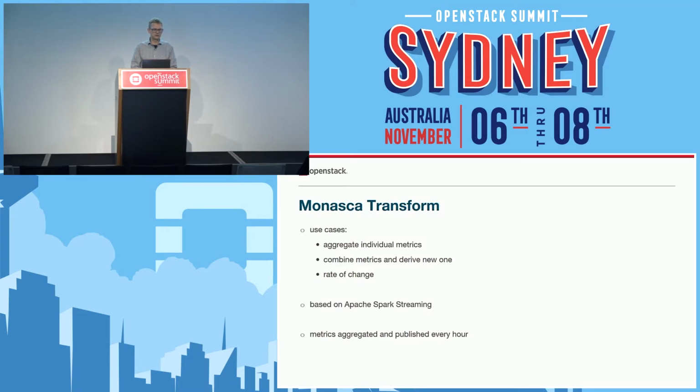One would be to aggregate individual metrics, like you have, for example, memory between different VMs, and you want to have total aggregated memory used across all the VMs. Another use case would be to combine different metrics and derive a new one.